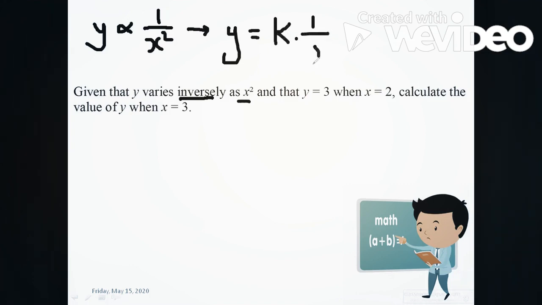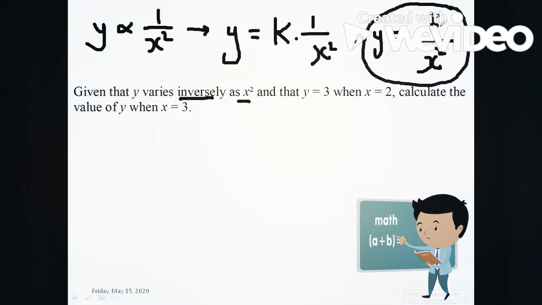So it's k times 1 over x squared, which is actually y equals k over x squared. So this is our formula.